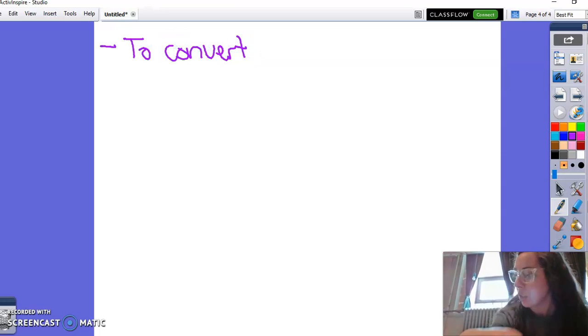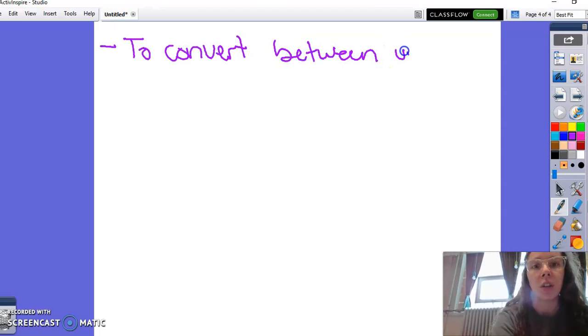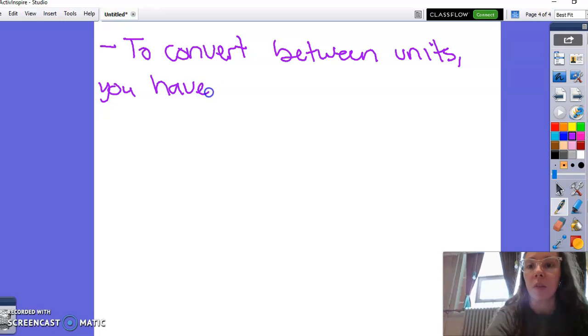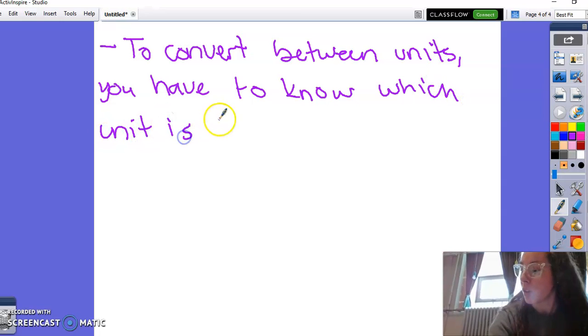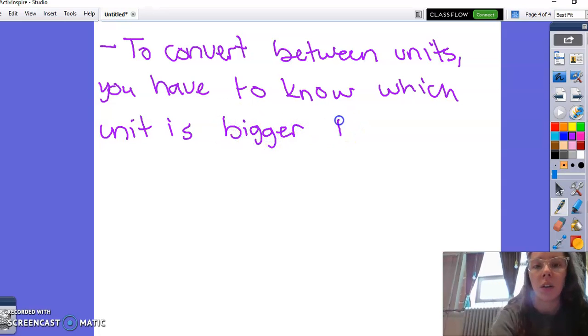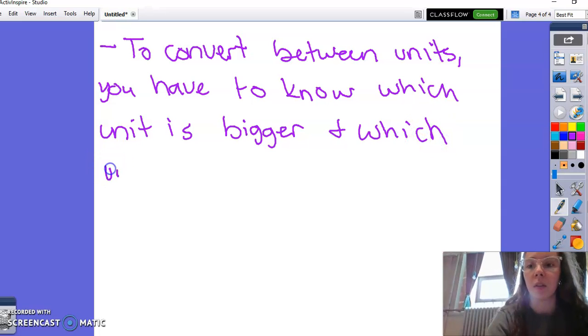To convert between units, you have to know which unit is bigger and which unit is smaller.